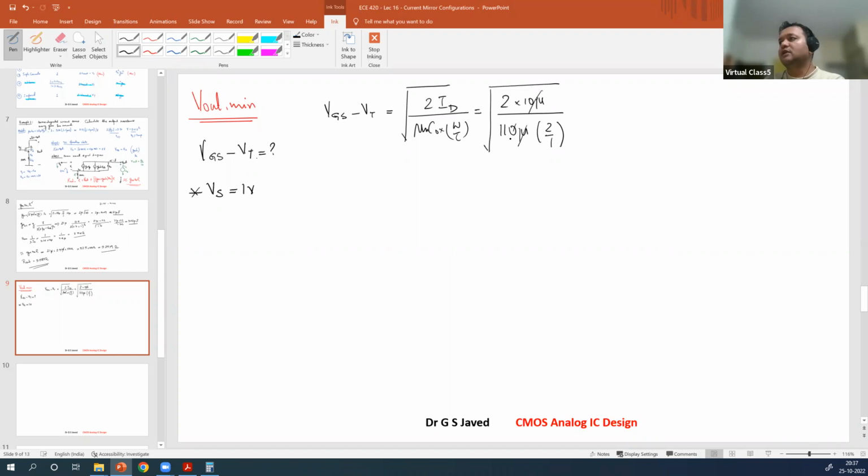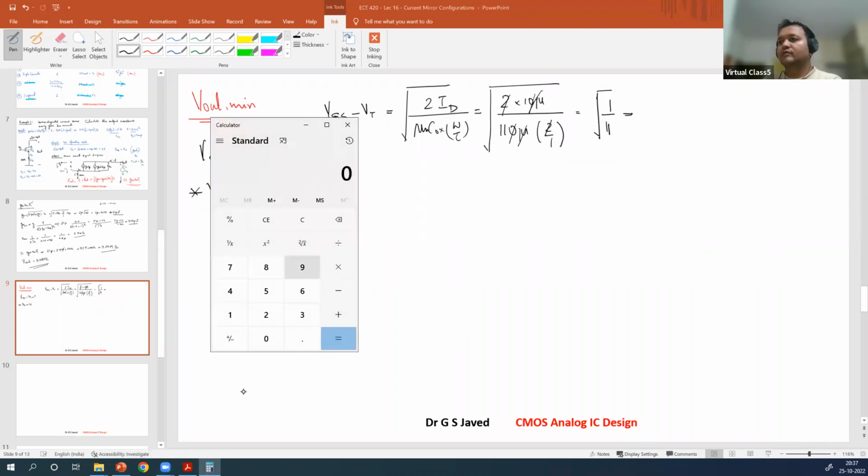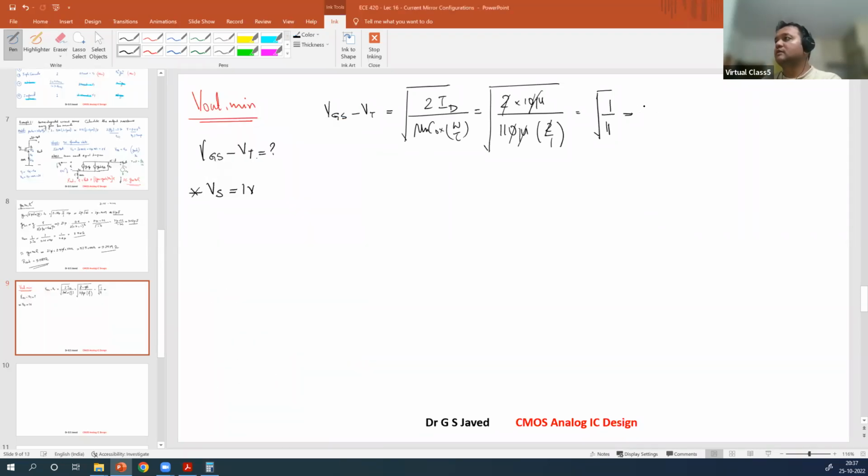Micro cancels, 10 cancels with 10, 2 cancels with 2. So you have 1 over 11 is the square root. And that value is given as square root of 1 over 11, 0.301 volt. So VGS minus VT is equal to 0.301 volt.